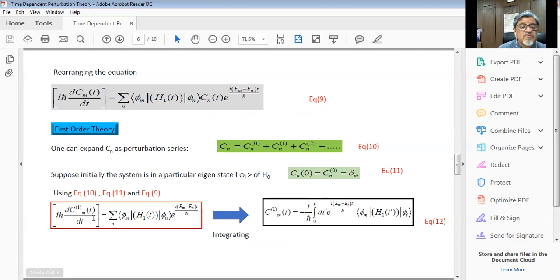This is the differentiation form. To solve it, we have to integrate it. So dCm1(t), and the rest goes on the right-hand side: minus i divided by h-cut, integral from 0 to t dt prime, e to the power i (Em minus Ei) t prime divided by h-cut, bra phi m, H1(t prime), ket phi i.